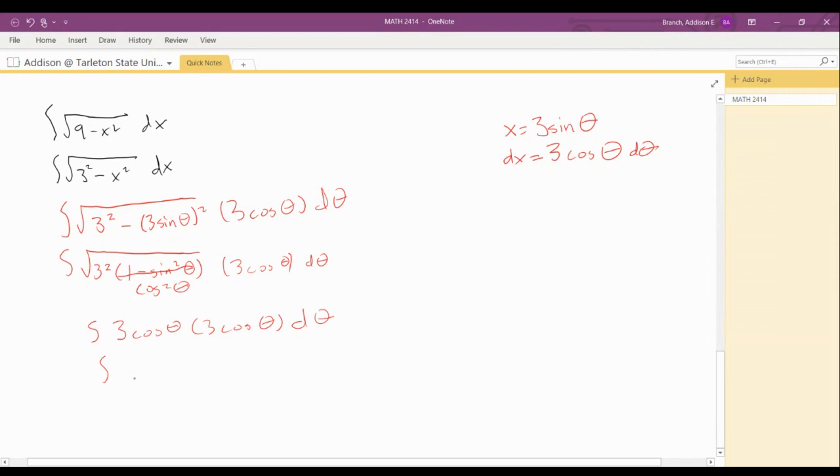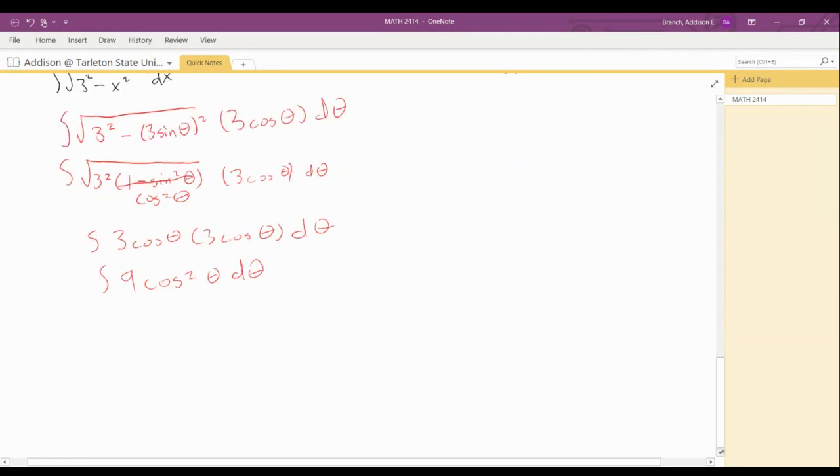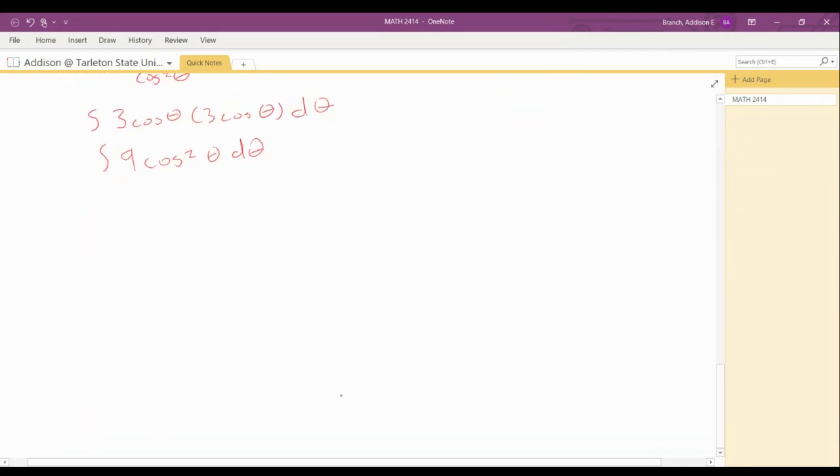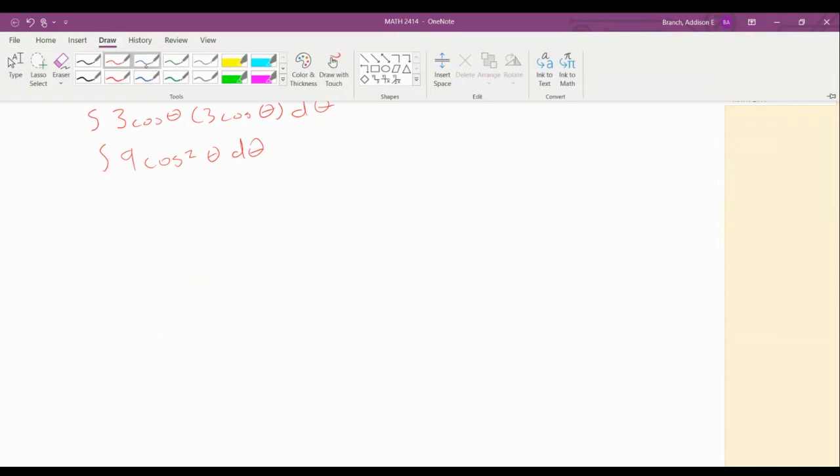Combine this, and we get 9 cosine squared of theta d theta. All right, now we're almost there. The issue is, we could change cosine squared to 1 minus sine squared, but that still wouldn't help us. So we're going to have to go back to our handy little power reduction formula.